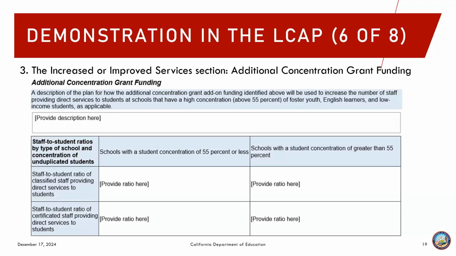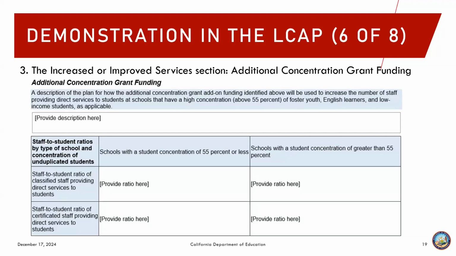The increased or improved services section also includes this requirement related to the additional concentration grant funding that school districts and charter schools receive. This is an additional 15% of the concentration grant that is specifically to be used to increase the number of staff providing direct services to students at schools that have a high concentration of unduplicated students.